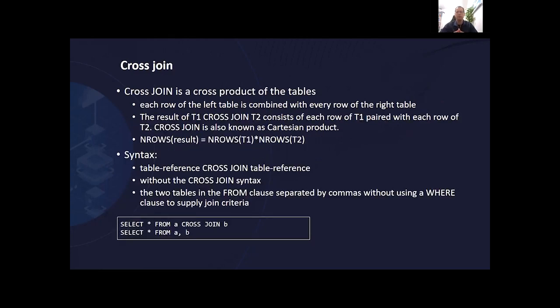So the cross join is basically really the cross product of the two tables, if I join these two tables. What is important here is that the number of rows is really the multiplication, or the product, of the number of rows of table 1 and table 2. There are two syntaxes available. The older one just uses in the from clause a comma b, or the newer syntax where you use the explicit cross join syntax.